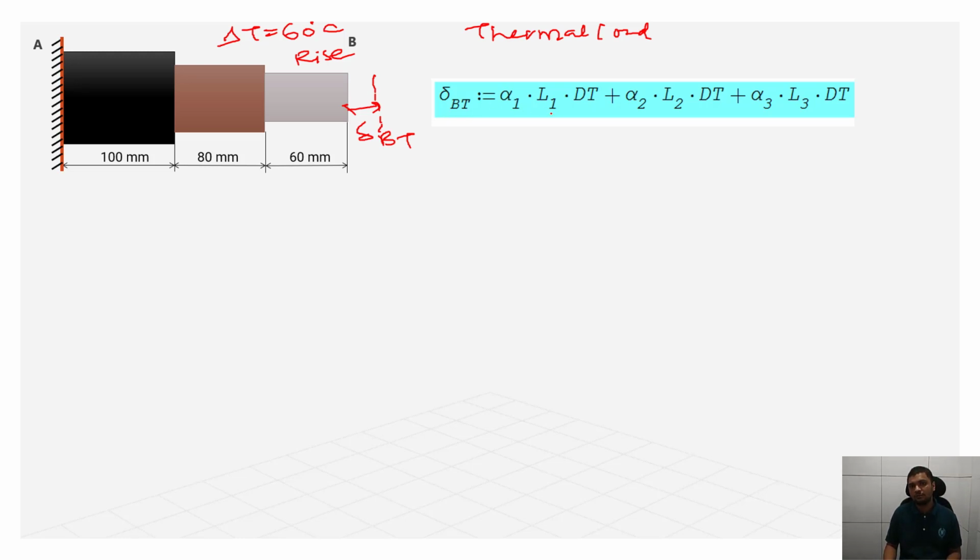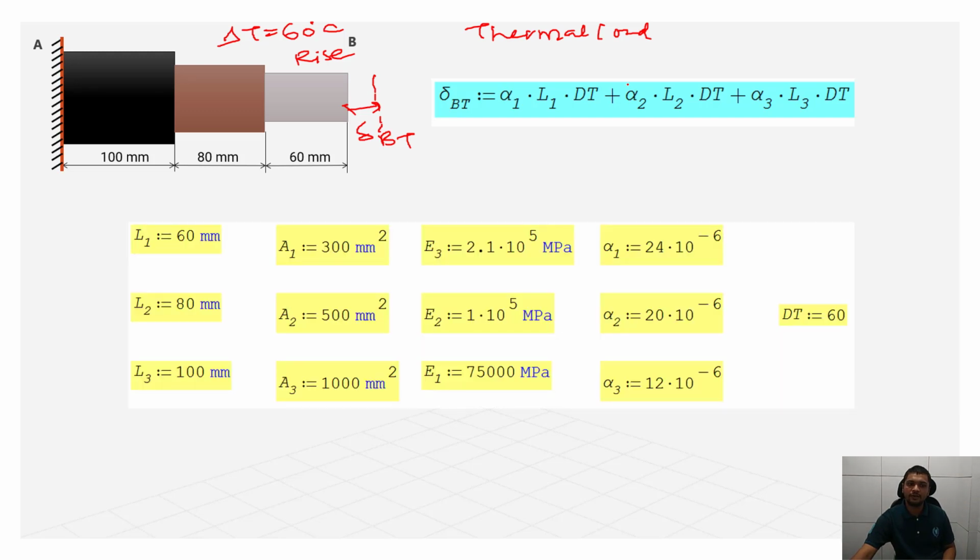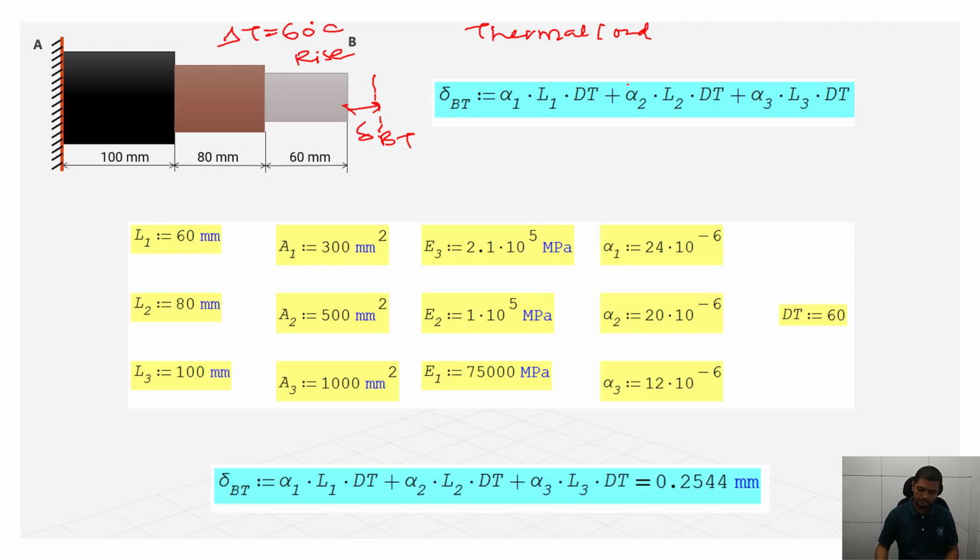So delta BT is equal to alpha 1 L1 into delta T. Delta T is 60 degrees. So if we put L1, A1, E1 and alpha values and delta T value, we get the deformation due to thermal load as 0.2544 mm.